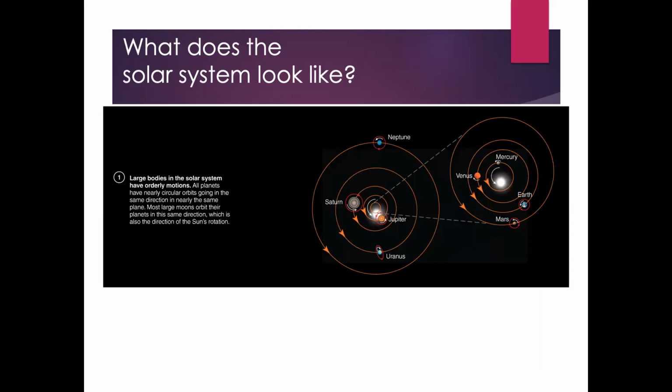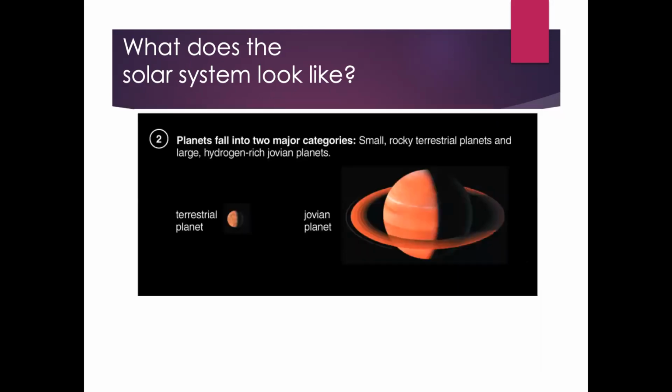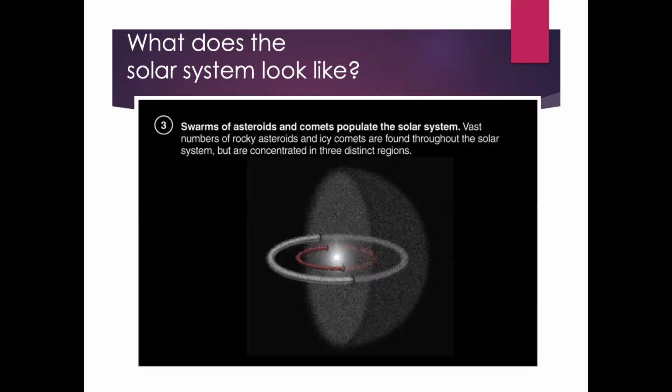No, that's not the case, because dwarf planets exist in the asteroid belt. Dwarf planets exist in the Kuiper belt. Okay, I thought just further than the Kuiper. No, there are dwarf planets between Mars and Jupiter. We just don't really learn much about them prior to an astronomy course. Okay.